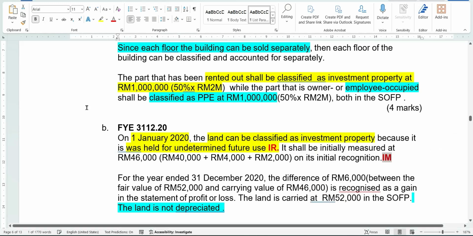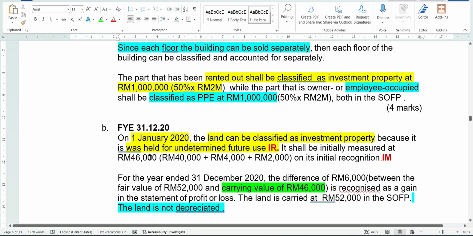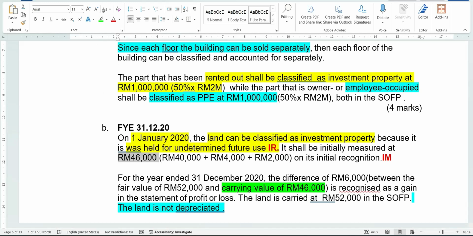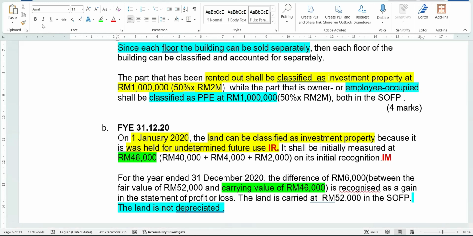First subsequent measurement is on 31st of December 2020. For the first year, you have to compare the carrying value. The carrying value here is the figure 46,000, which is this figure here, the previous cost, and it will be compared with fair value 1.